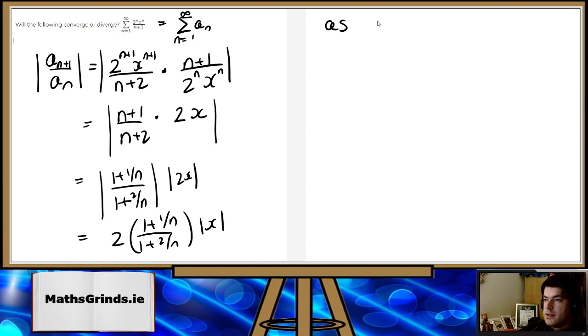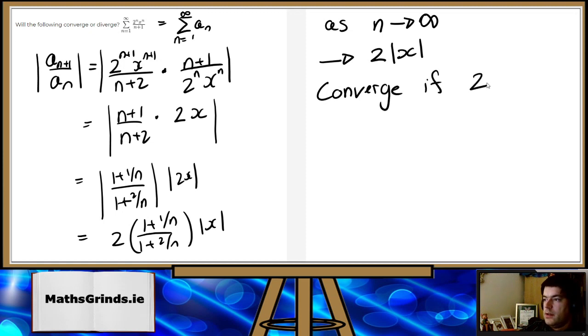Now, as n goes to infinity, this will tend towards 2 absolute x. So it will converge if 2 absolute x is less than 1, which means that x should be between minus a half and a half.